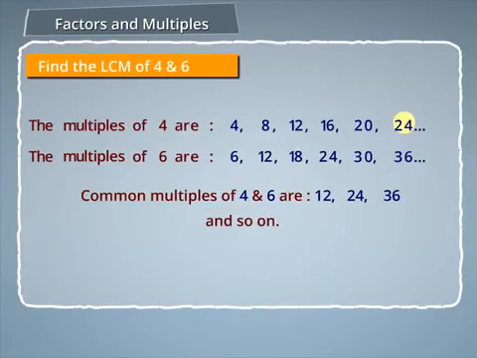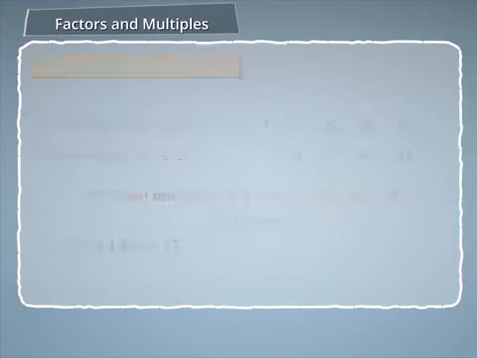The multiples of 6 are 6, 12, 18, 24, 30, 36 and so on. Now the common multiples of 4 and 6 are 12, 24, 36 and so on. Least of these common multiples is 12, so the LCM of 4 and 6 is 12.